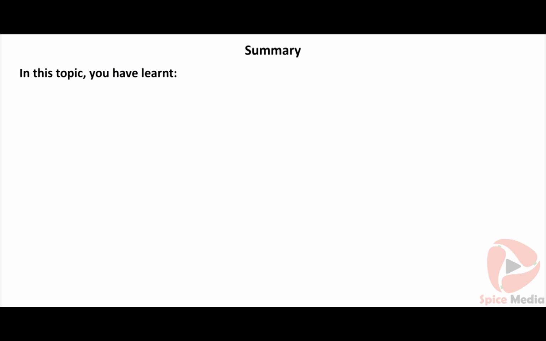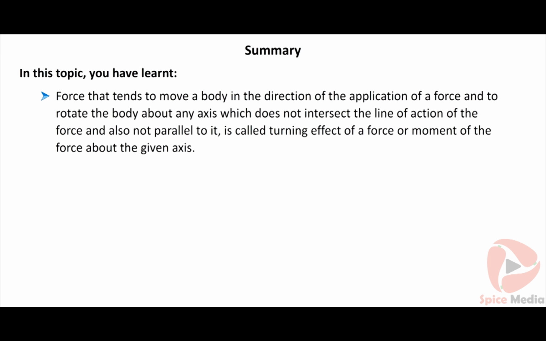In this topic, you have learned force that tends to move a body in the direction of the application of a force and to rotate the body about any axis which does not intersect the line of action of the force and is also not parallel to it is called turning effect of a force or moment of the force about the given axis.